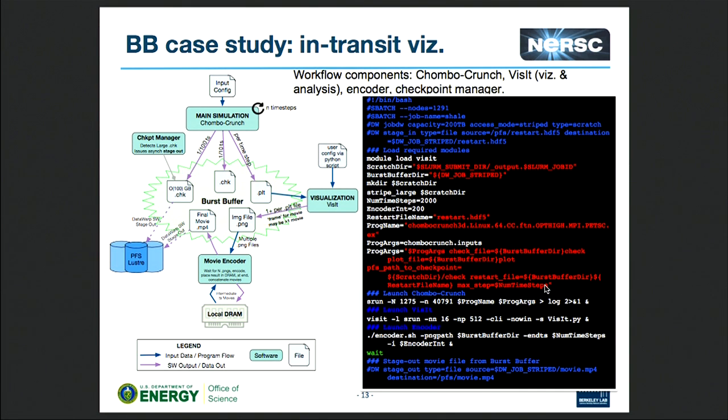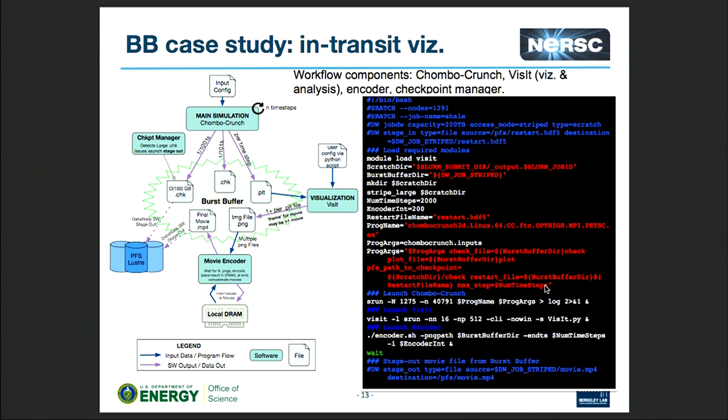This is the simplest example of how we can use burst buffer for in-transit visualization. And this is a SLURM script. The main advantage is that it allows us to keep the traditional workflow, with just a few changes in the bash script and almost no changes in source code.